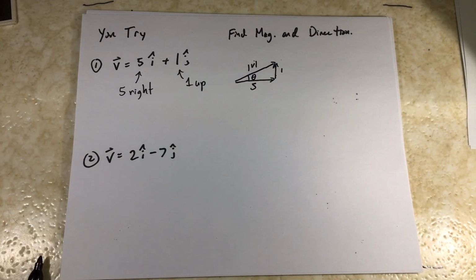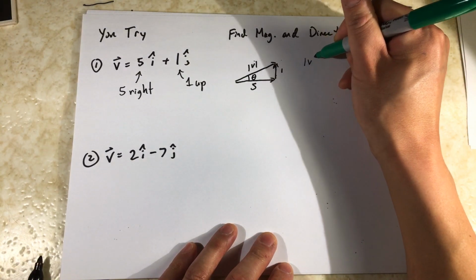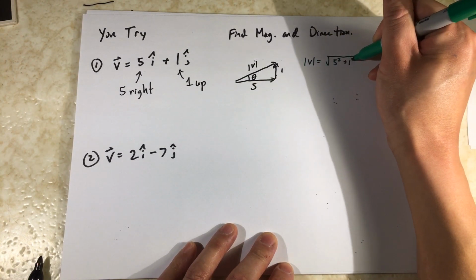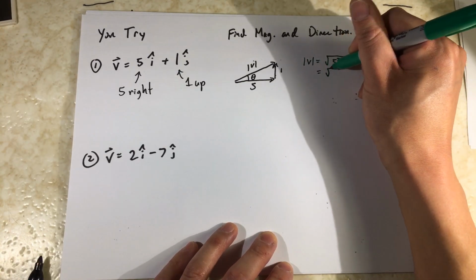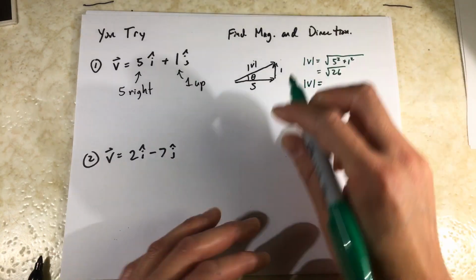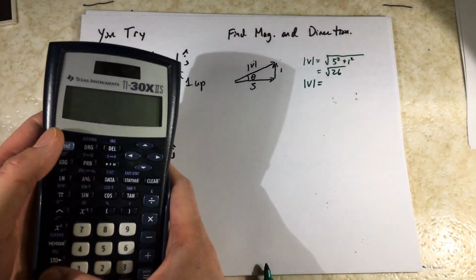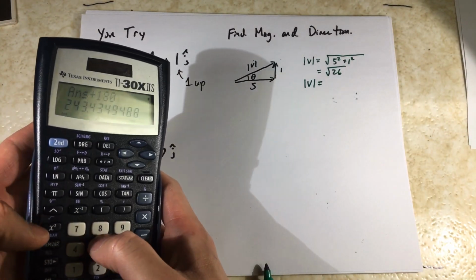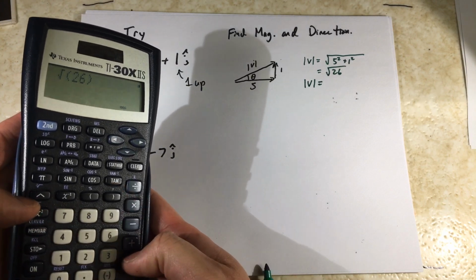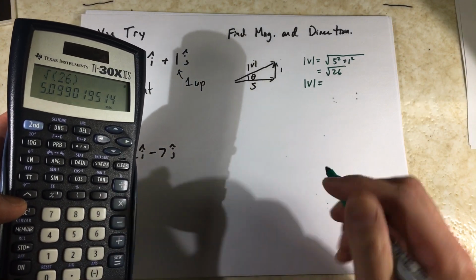Again, I'll use green and blue. So the magnitude is the square root of 5 squared plus 1 squared, which is the square root of 26, which is about 5.1.